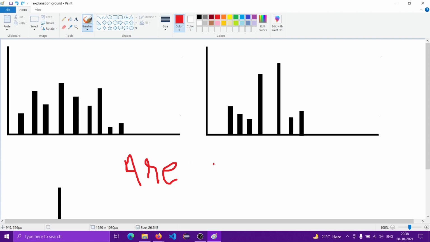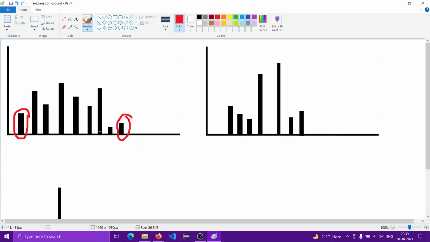There are two things that can maximize the area. That is increase the height or increase the width. Okay, height or width. Now, let's take the highest possible width. How do we get that? So let's take this as the first end of the container and the last one as the second end of the container. So when we take this, we get the maximum possible width.